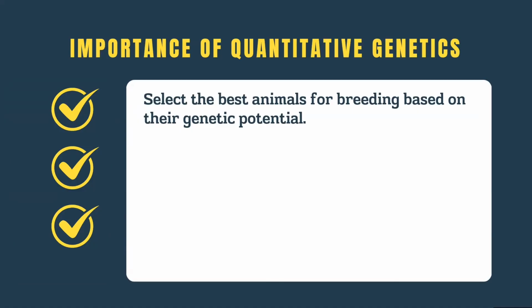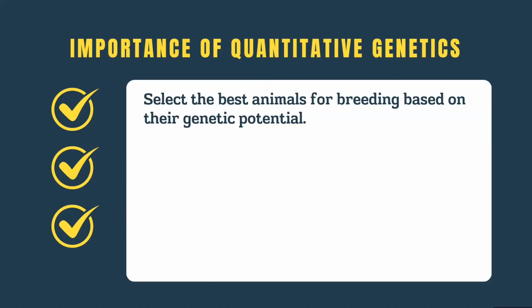So by understanding quantitative genetics, we can identify animals that possess desirable traits such as higher milk production, faster growth rates, or better disease resistance. So instead of relying on guesswork, we can use data and genetic information to select animals with the highest potential for these traits to ensure that the next generation will have improved characteristics.